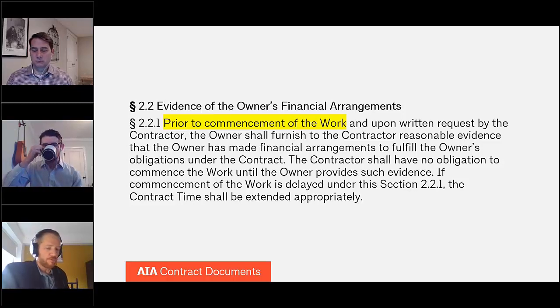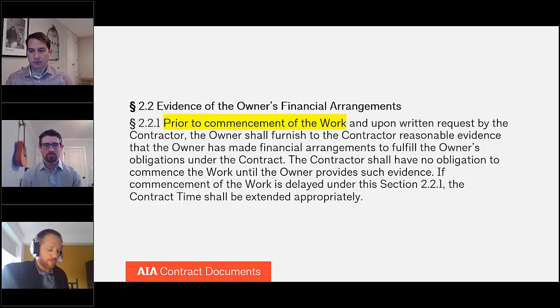And he mentioned that when it comes down to what is reasonable evidence of the owner's ability to pay for the project, what he felt that meant was evidence of actual, specifically committed financing for the project, something like a commitment letter from a lender, not just some sort of general financial statement that the owner has money somewhere.